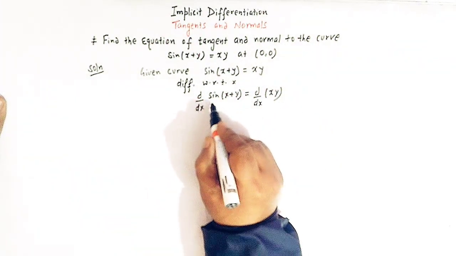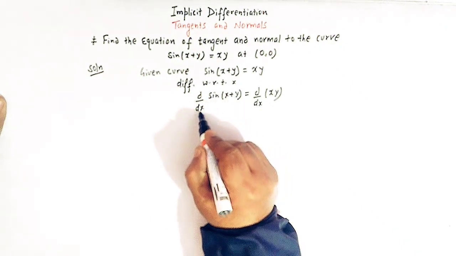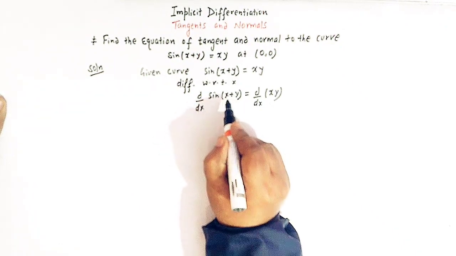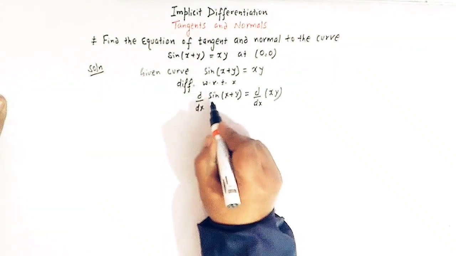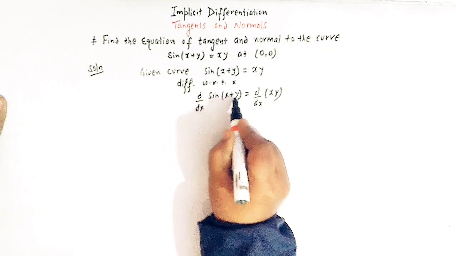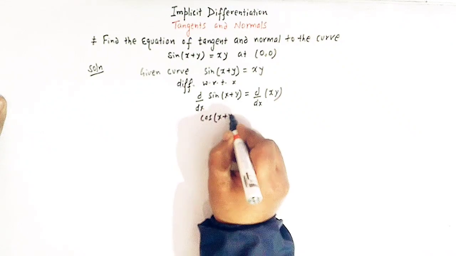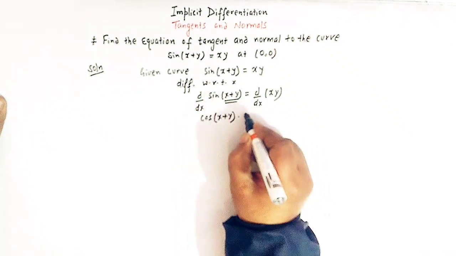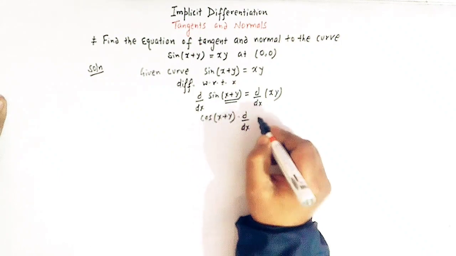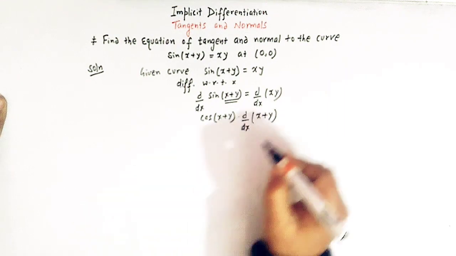Now here, to get the derivative of sin(x + y) with respect to x, we'll make use of the chain rule. So first we will find the derivative of sin(x + y), which is simply cos(x + y), and then by chain rule we'll find the derivative of x + y with respect to x, right?